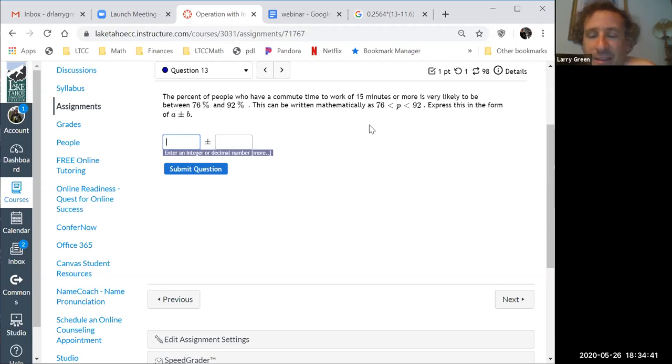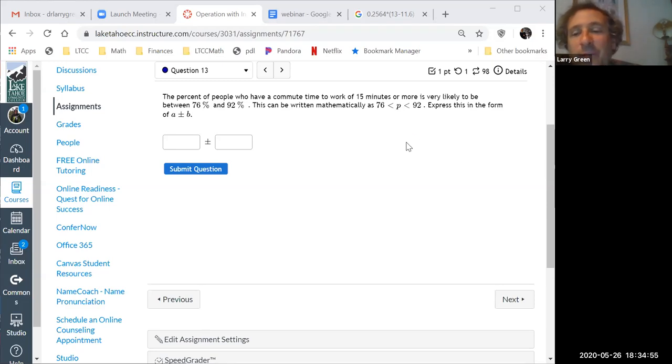Any ideas? Subtract, not quite. Yeah, another word for the midpoint is the average. And the way you find the average of two numbers is you add them and you divide by 2, and there's just two numbers. So we need to add them and divide by 2.